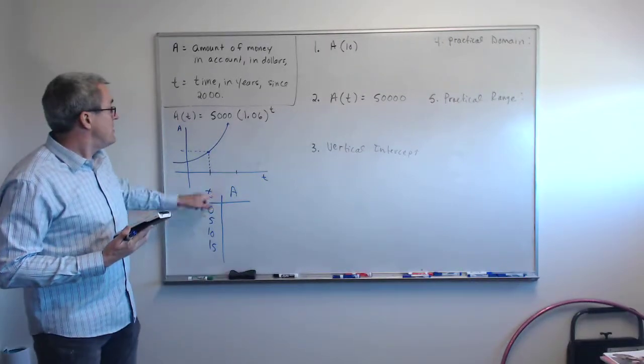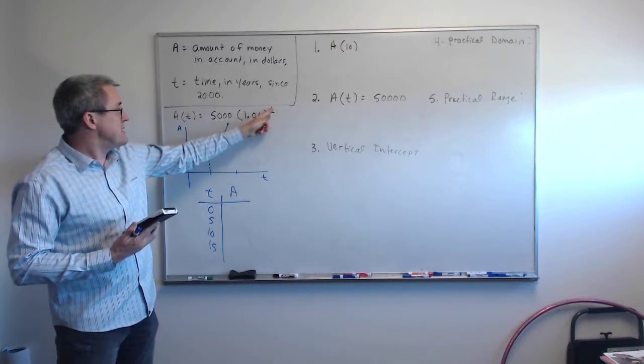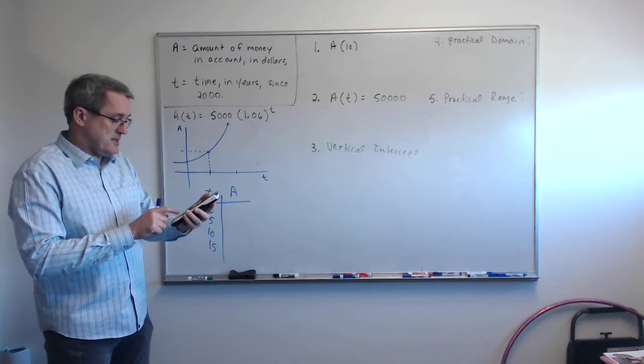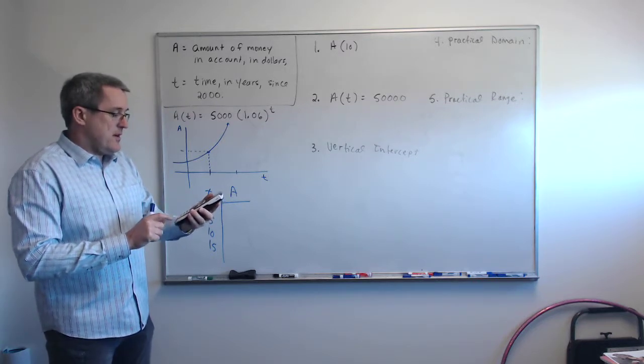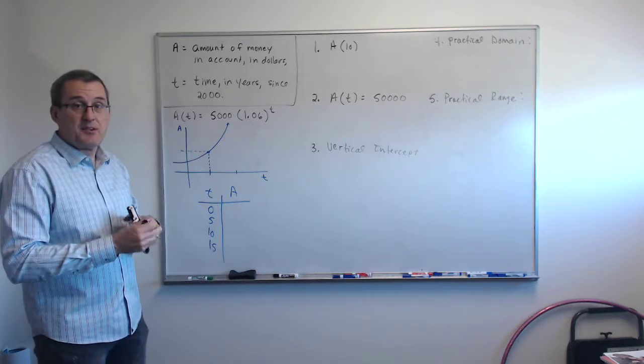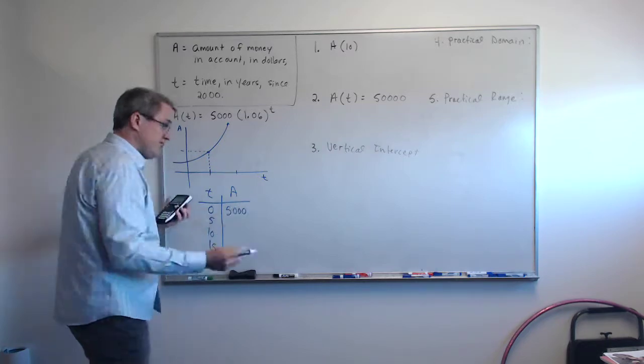If T is 0, I would take 1.06, raise it to the 0 power, and then multiply that by 5,000. So punch that in on a machine, on your phone, whatever, and see if you agree that it comes out to be 5,000.